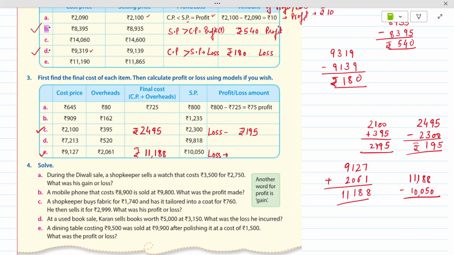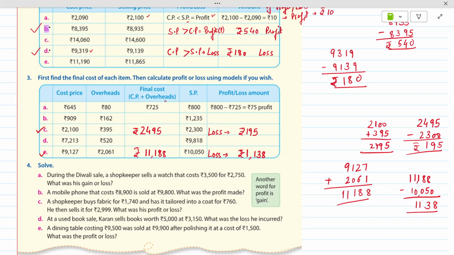Again, this is the case of loss. And the amount of loss is the difference between the final cost and the SP, which is 8 minus 0 is 8, 8 minus 5 is 3, 1 as is, 1 as is. So there is a loss of 1,138 rupees. Okay.